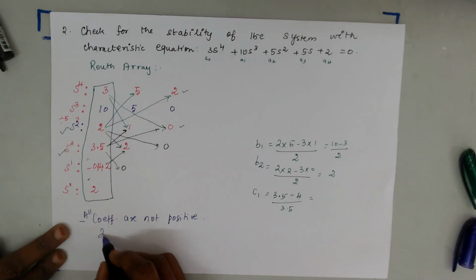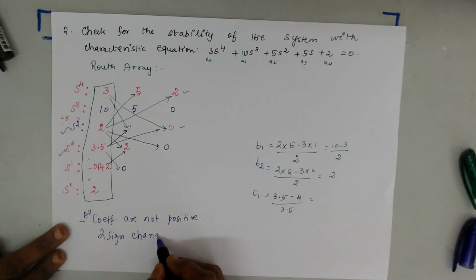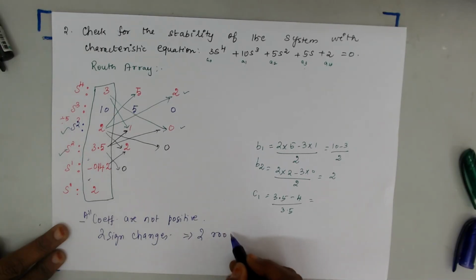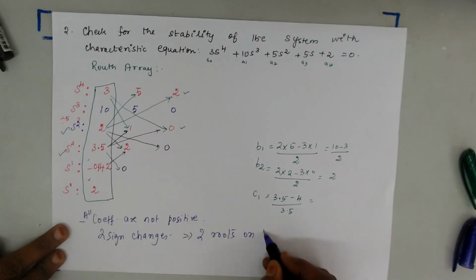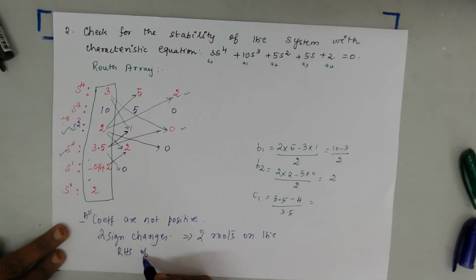There are two sign changes, which indicates there must be two roots on the right hand side of the s plane.